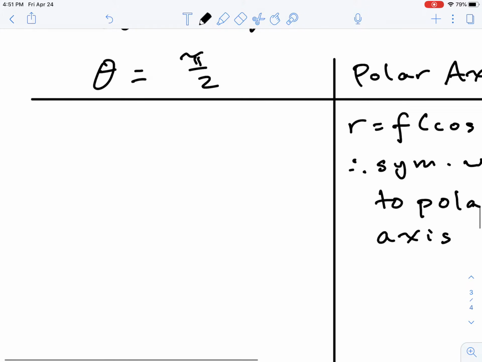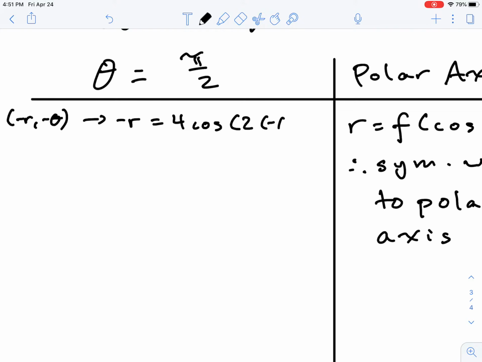If you recall, there were two ways that we could have checked for it being symmetric with respect to that angle. The first thing you could do is replace r and theta with negative r and negative theta. Let's see what we get. We get negative r is equal to 4 cosine of 2 times negative theta. Be careful with your parentheses there. That gives me negative r equals 4 cosine of negative 2 theta.